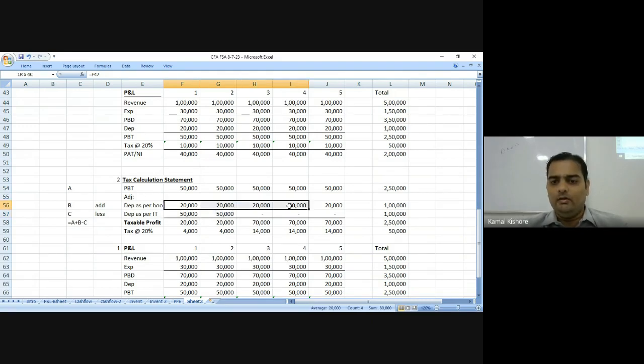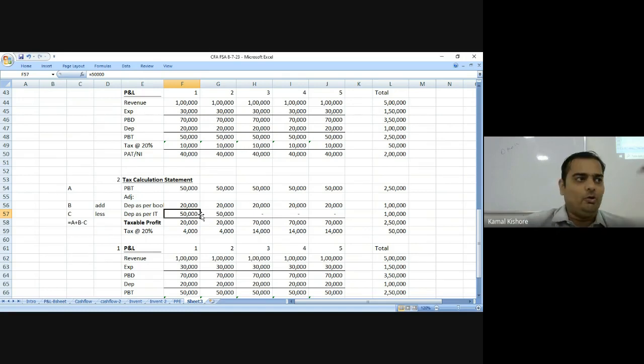Even without that also, there can be a difference in depreciation. Here they are telling 20% depreciation, but income tax may allow 25%, sorry, 40% depreciation. Income tax may allow 50% depreciation on written down value. Income tax depreciation rates are on WDV method. So if that be the case, depreciation as per IT, I will only do it, you don't have to do anything here.